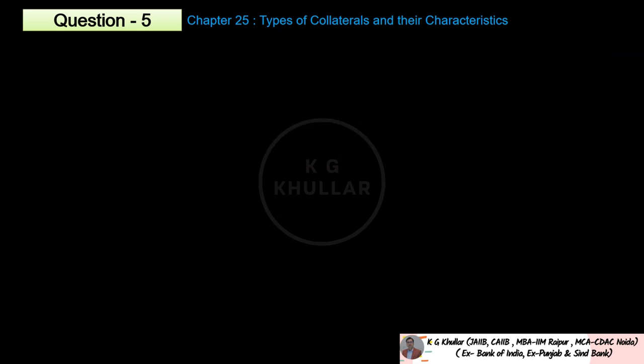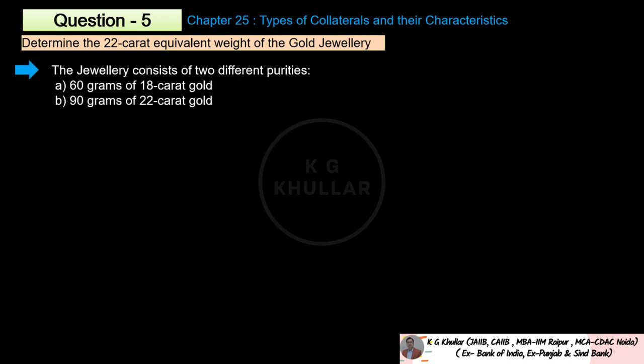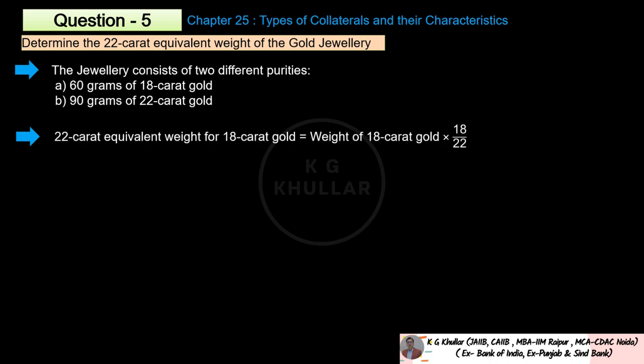Friends, first we need to determine the 22 karat equivalent value of this gold jewelry. Now gold purity is measured in karats, where 22 karat is considered the standard for most jewelry purposes. In the given question, the jewelry consists of two purities: 60 grams is of 18 karat gold and 90 grams is of 22 karat gold.